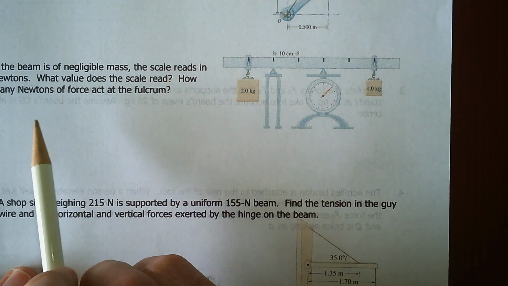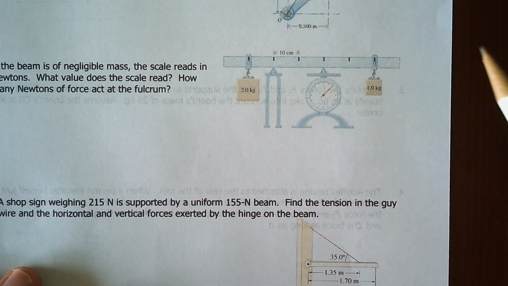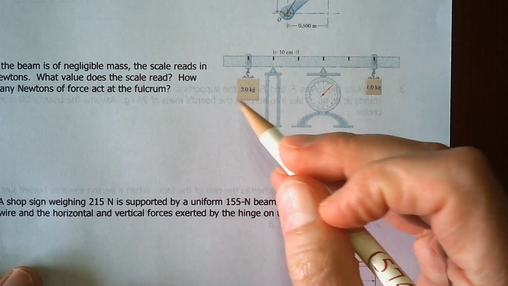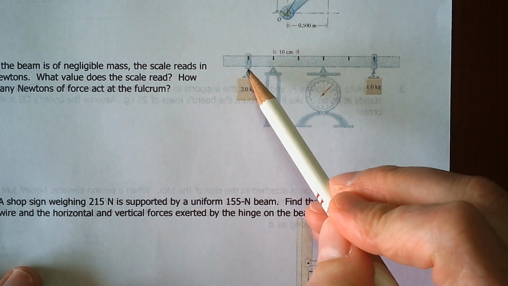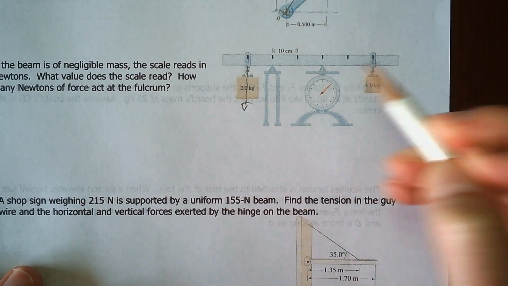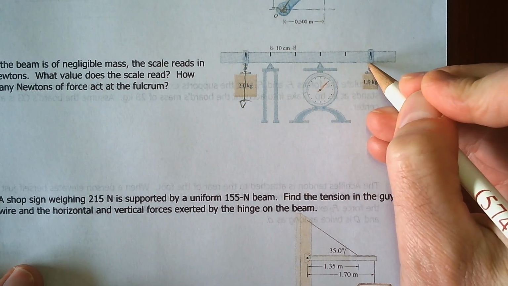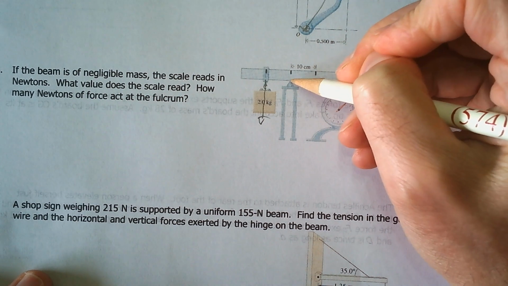All right, so next one, we're trying to figure out what the scale reads here. Since it's balanced, we could pick a pivot point anywhere. Well, there's going to be a force downward here on the bar, and we know how much that is, 20 newtons. There's a force downward here, which is 10 newtons. But there are two upward forces.